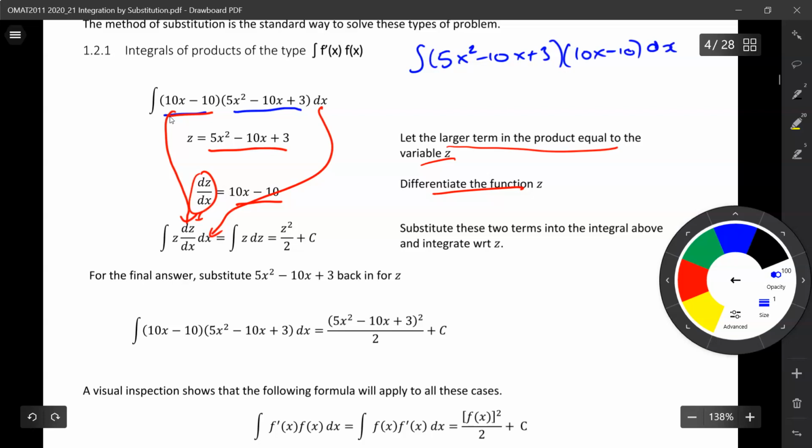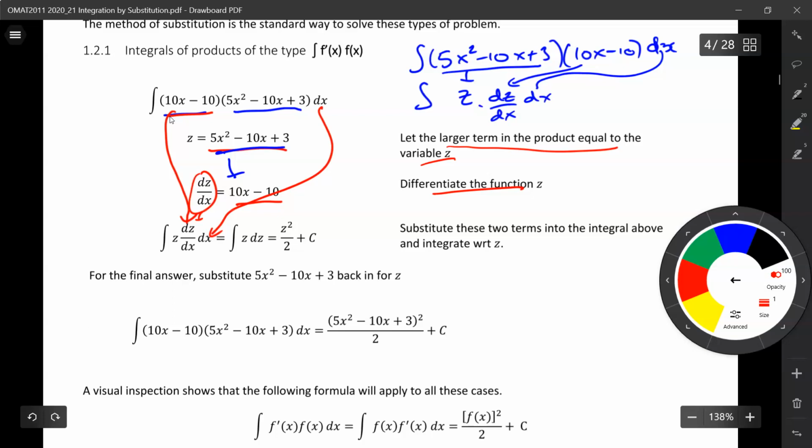That's what we're integrating. So what we do with the method of substitution, if we let z equal to this, I replace this term here with z. I differentiate z, I get 10x minus 10. So for the 10x minus 10, I put in dz dx. And then I just bring this dx down here.